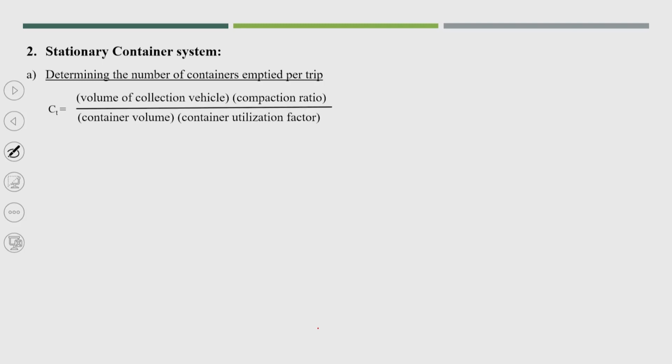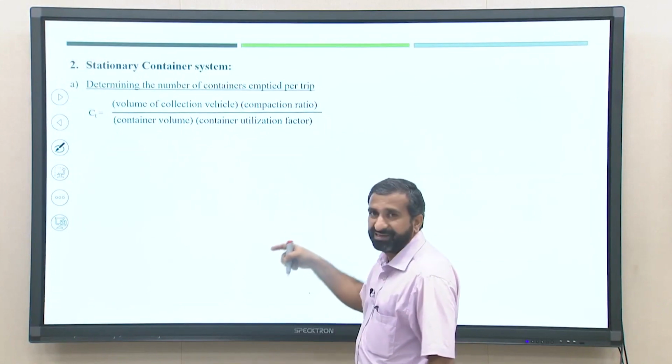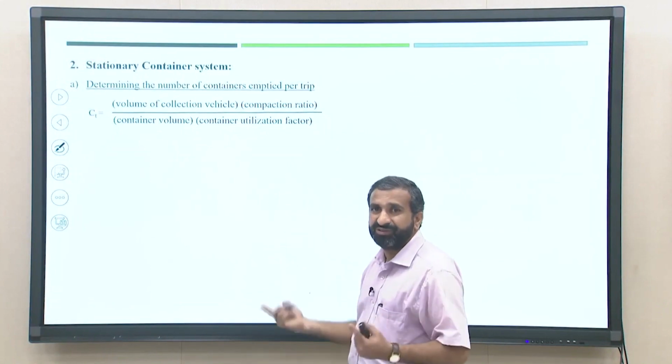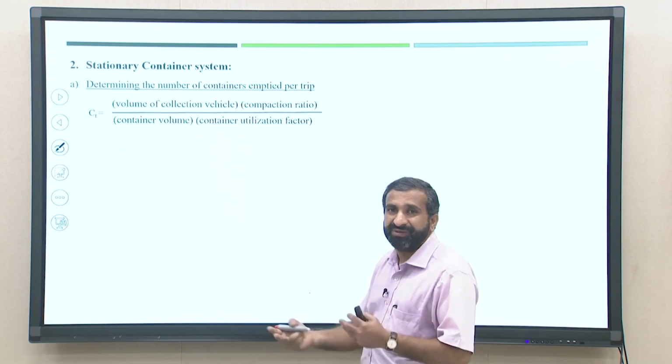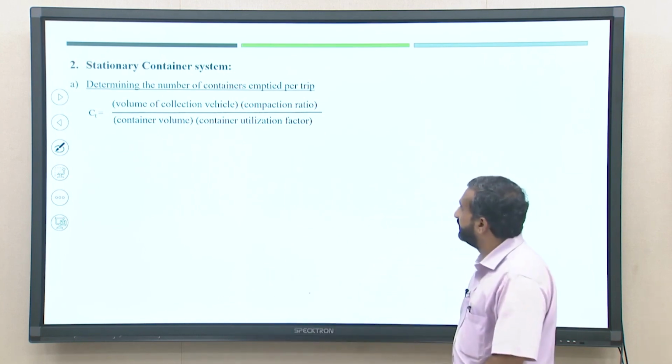We calculate it as the volume of the collection vehicle divided by the container volume. So we know how many containers can be filled into the truck in a trip.